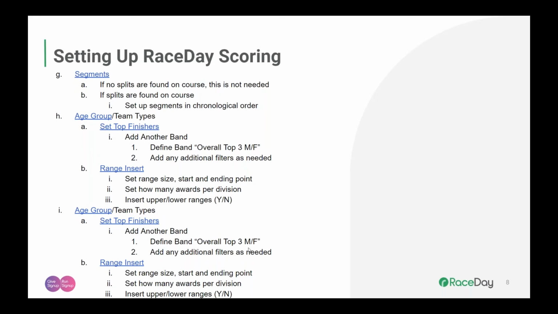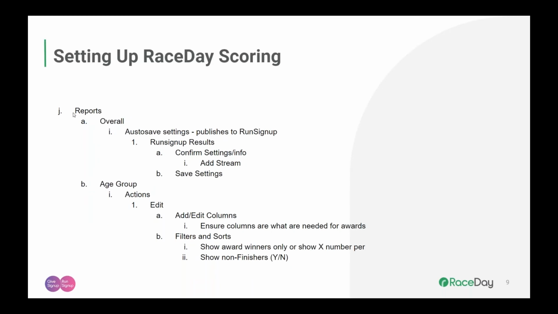And then let's see, then we go into our reports. And for overall reports, we have autosave settings that publish to RunSignup. And you can configure all of this information underneath that autosave setting. And then your age groups, usually I'm using my age groups for my awards.